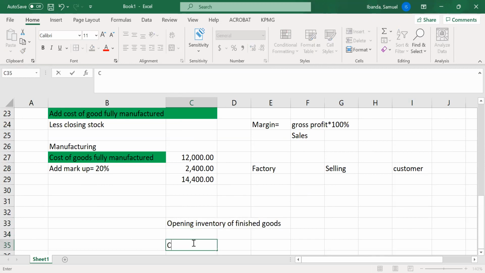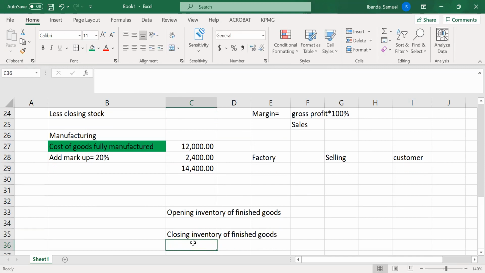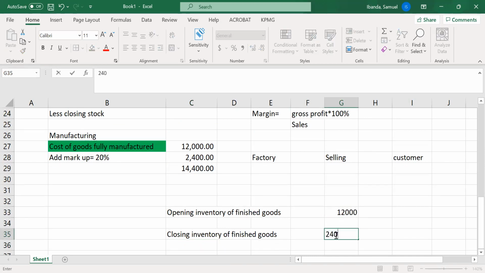Then we have closing inventory of finished goods. In most cases, the examiner will give you these values, and I'm going to use generic values. Let's say here we have 12,000, and here we have 24,000.